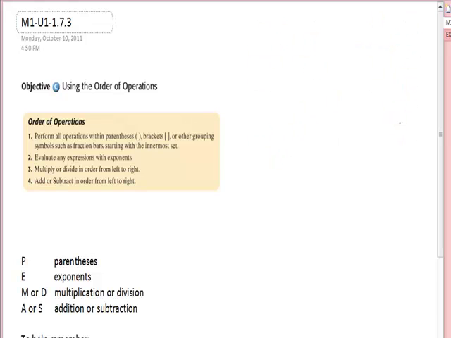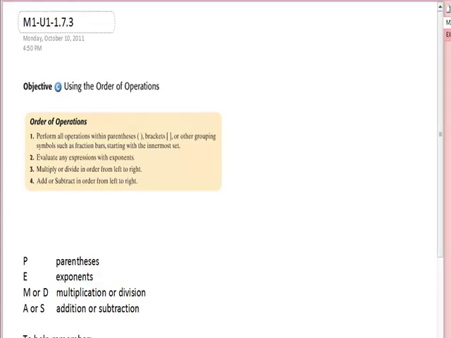All right, the order that you do these operations, it's right here in pink. Perform all operations within parentheses, brackets, or other grouping symbols such as fraction bars, starting with the innermost set. Evaluate any expression with exponents. Multiply or divide in order from left to right.